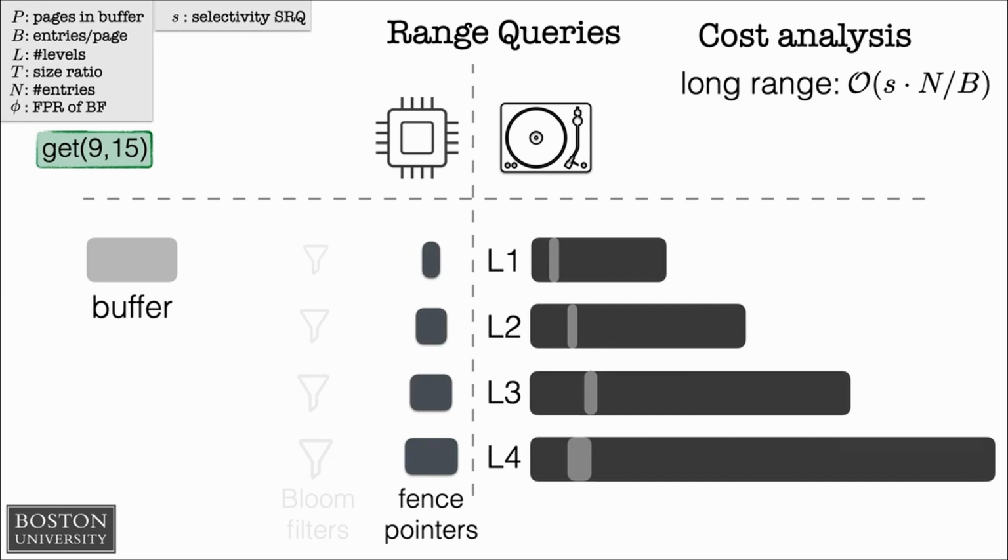However, the performance now is not query dependent, it is tree dependent. Because we have to do at least one IO per level, we will have a cost of L, where L is the number of levels of the tree. So we already see the intuition here: depending on our workload, different parts of the tree might interest us a lot when optimizing the design or not.